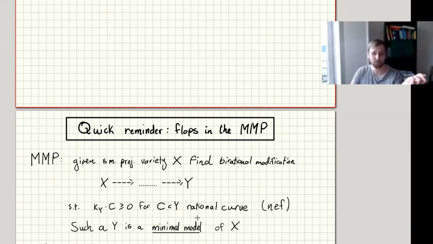Right, so if everything goes well, you'll end up with something called a minimal model. So that's a variety in which every embedded rational curve has positive intersection with the canonical bundle. So that's the NEF condition.